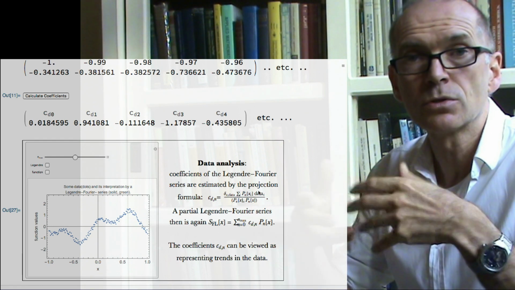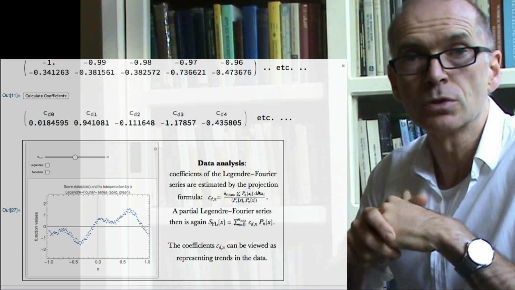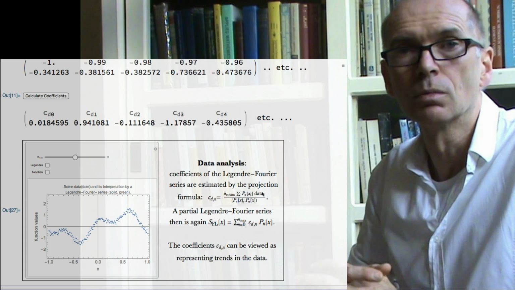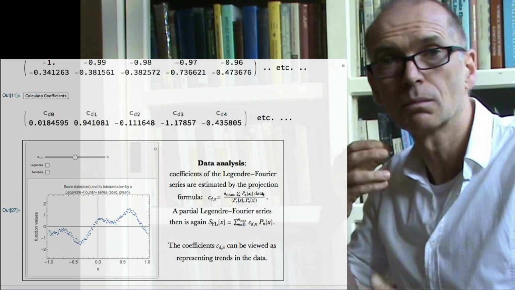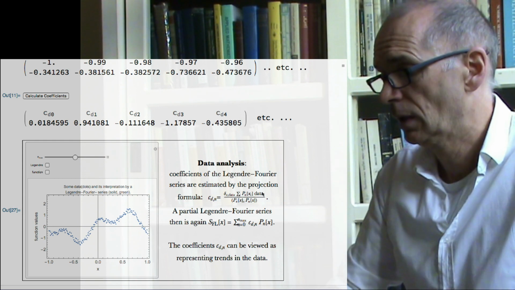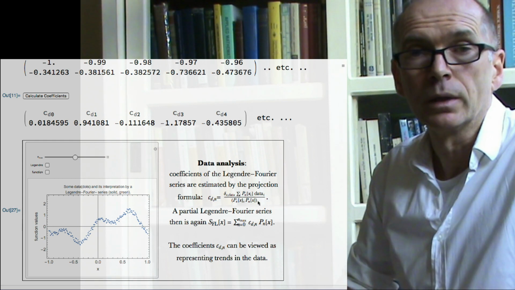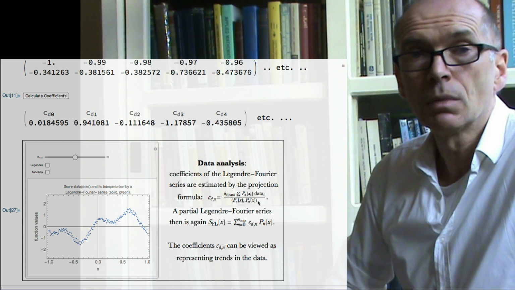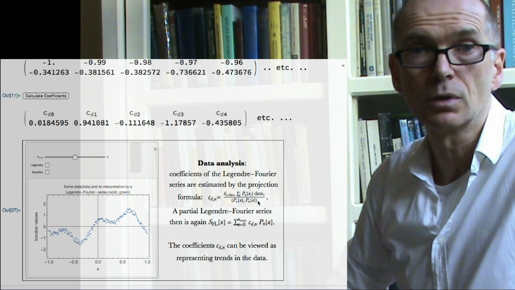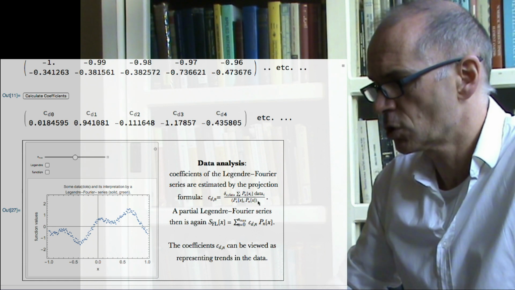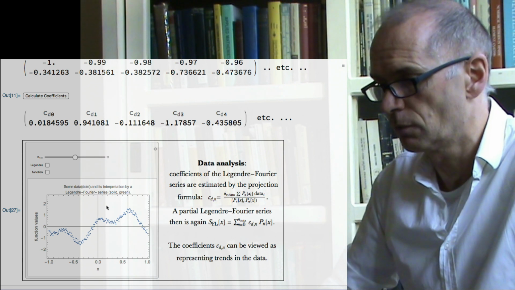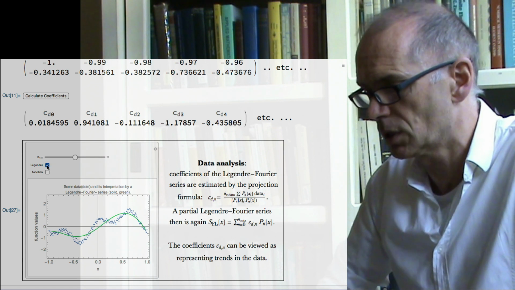I just replace this integral in the numerator by a discrete sum, a Riemann sum approximating the integral. And I normalize Cn by just dividing by the inner product of Pn by itself, as I did on the previous slide. So this is a discrete approximation of that Cn if you have data, and this is the Fourier-Legendre series that you get out of that.